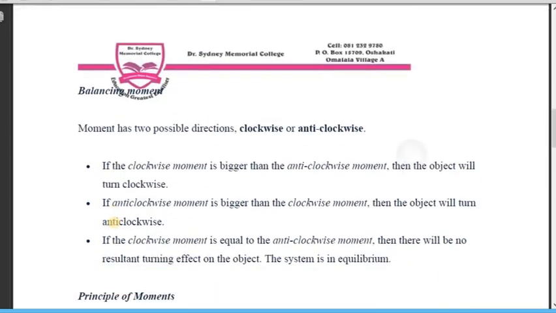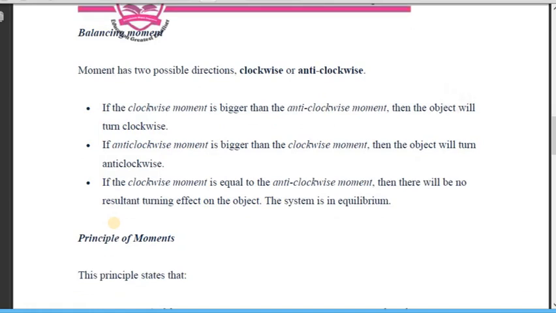Now let's look here at balancing of moments. So we say a moment has two possible directions. A moment can either be clockwise or anti-clockwise. Let's think of it in relation to the seesaw.